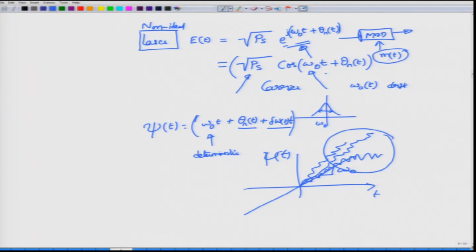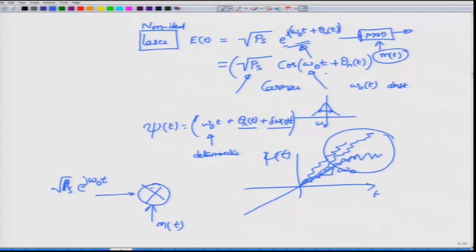But if you were to consider a simple double sideband suppressed carrier type of modulation, what you have to do is to imagine that this m of t is going to multiply this carrier, which I am going to write as square root of p s e to the power j omega 0 t.